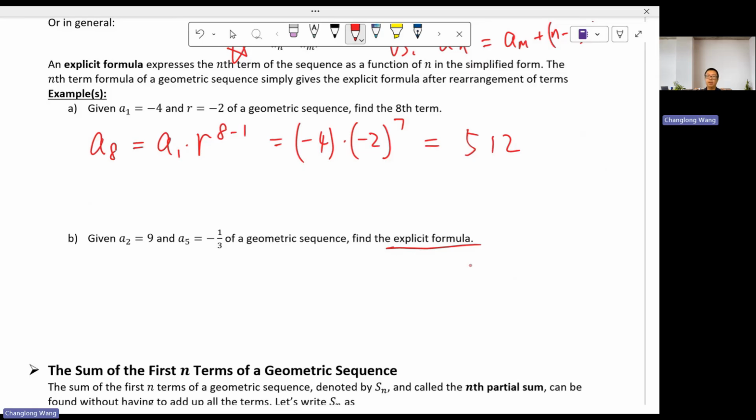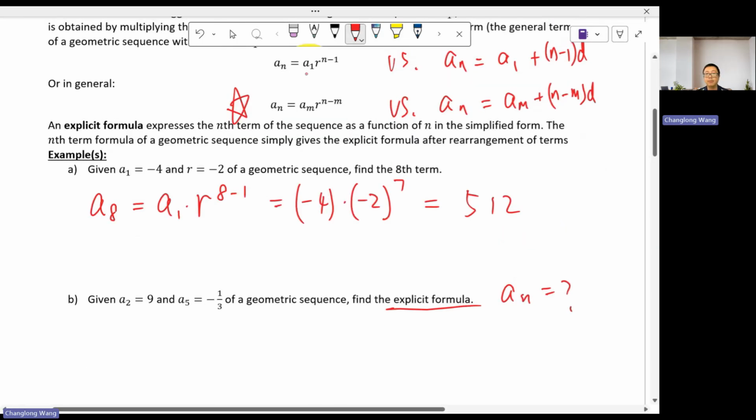And we want the same thing. So we're looking for what a sub n is. Now you can take a look at the formula, whichever you want to use. I suggest that you use the one that has m in it, since you do have a sub 2, a sub 5. Save you some trouble. Do not find a sub 1 because it's not necessary. Start from a sub 2.